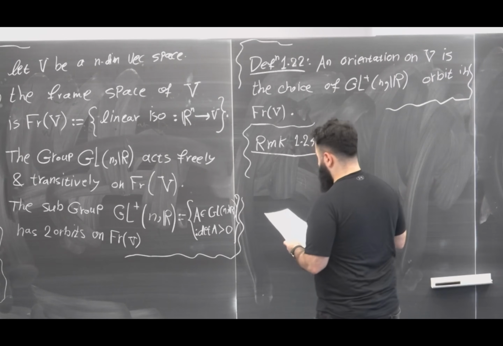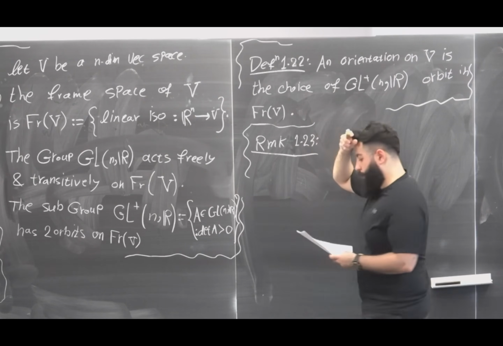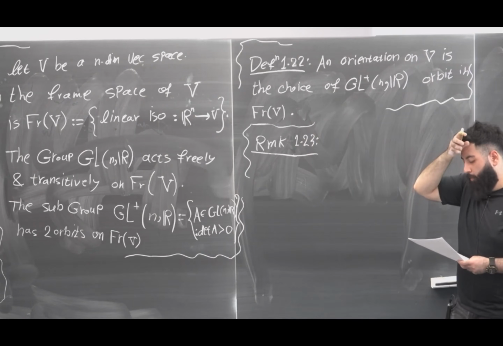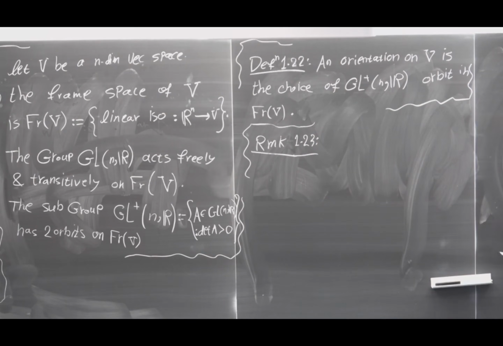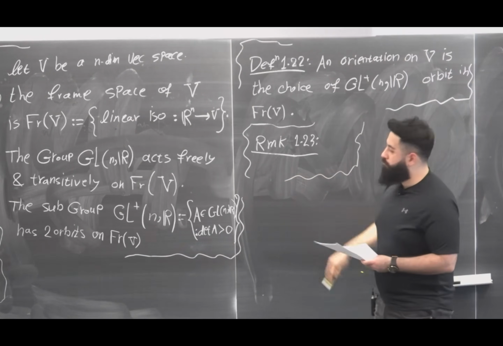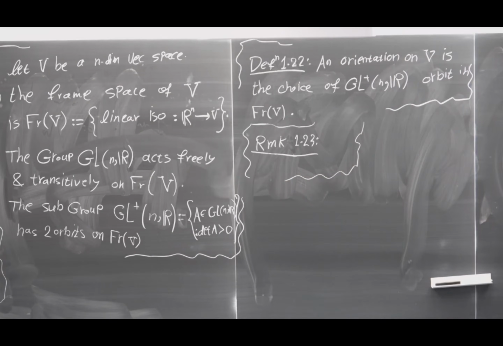The remark is: choosing an orientation selects a set of positively oriented bases. We talked about that. The complement of that, we just call negatively oriented. Verbally mentioned. Okay.